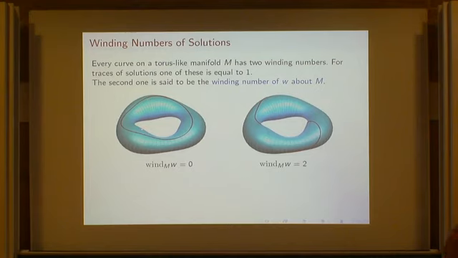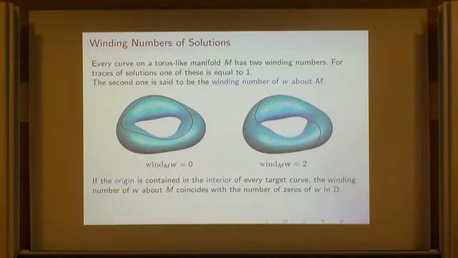So it's clear they have to go around once in this way, but they can wrap around in the other direction. This I call the winding number of the solution about the target manifold. And this winding number is 0 in the left example, and it is 2 in the right example. Okay?